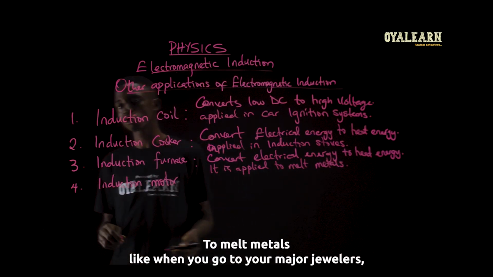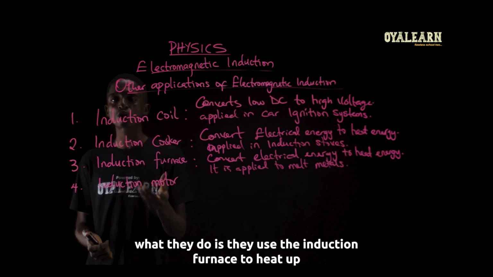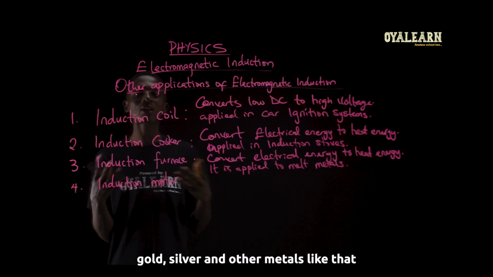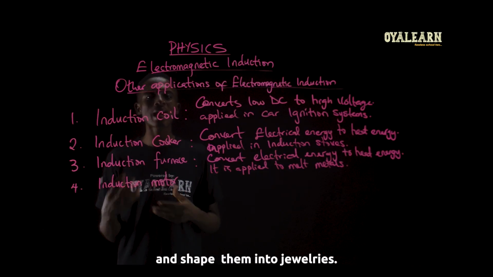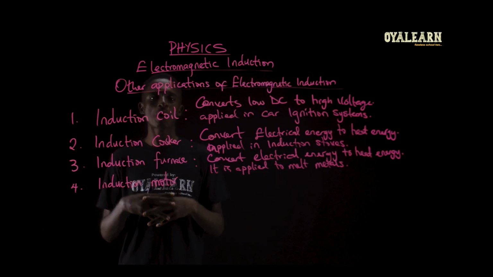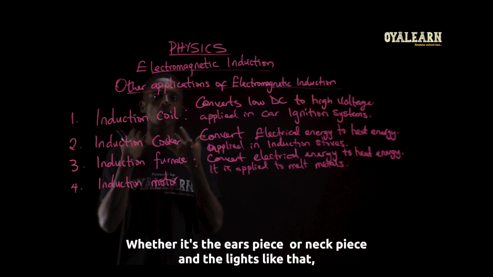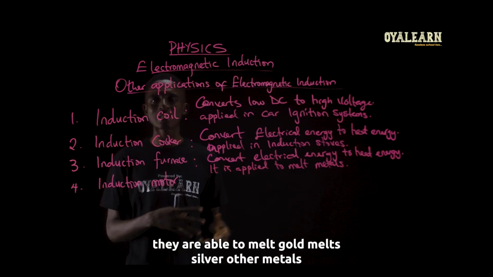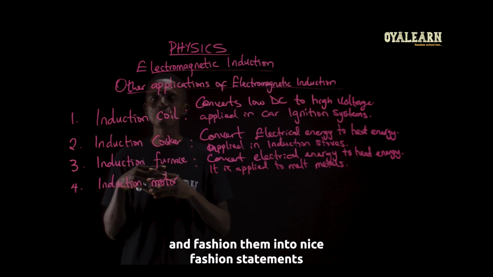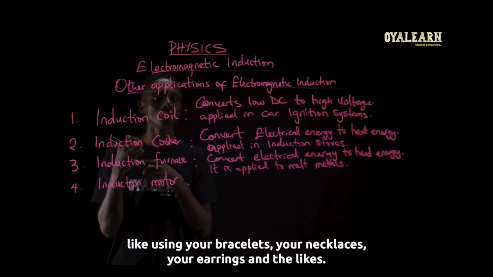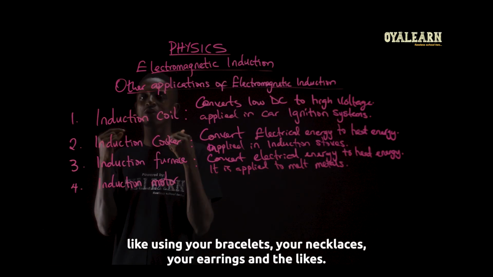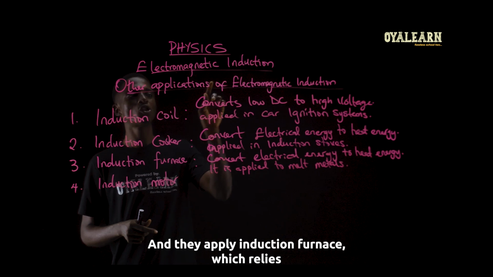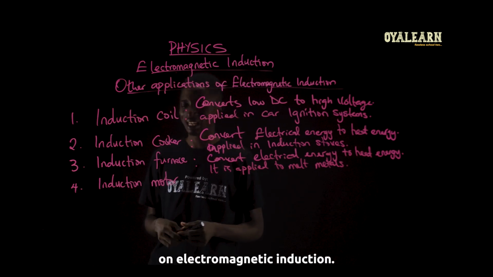Like when you go to your major jewelers, what they do is they use the induction furnace to heat up gold, silver and other metals like that and shape them into jewelries, whether it be earpieces or neck pieces and the likes like that. They are able to melt gold, melt silver and other metals and fashion them into nice fashion statements that you use in your bracelets, your necklaces, your earrings and the likes. Okay, and they apply induction furnace, which relies on electromagnetic induction.